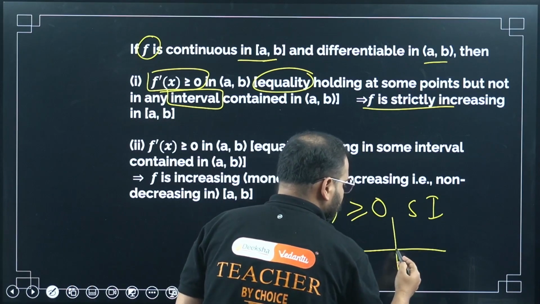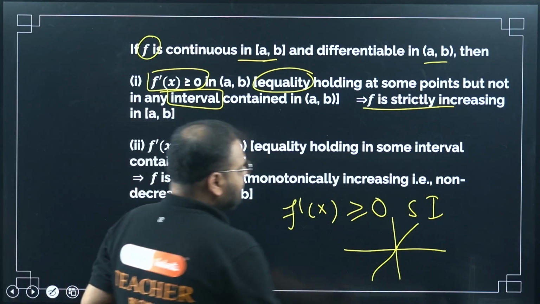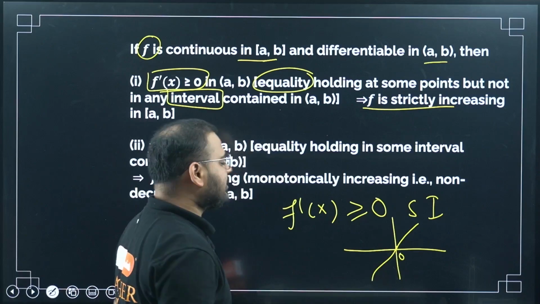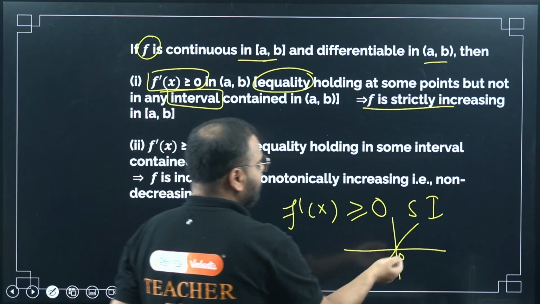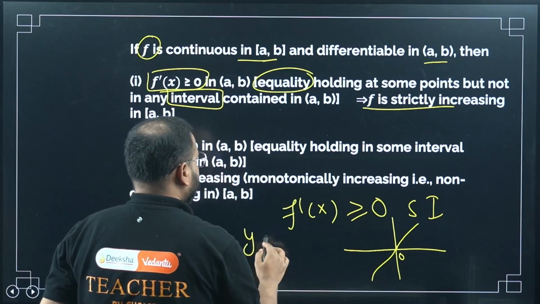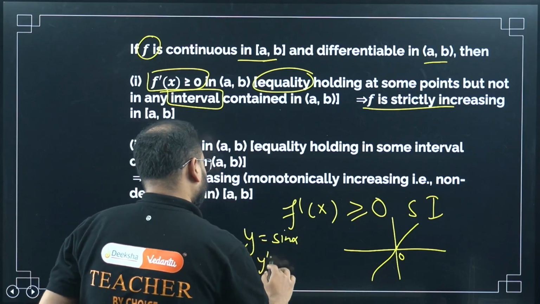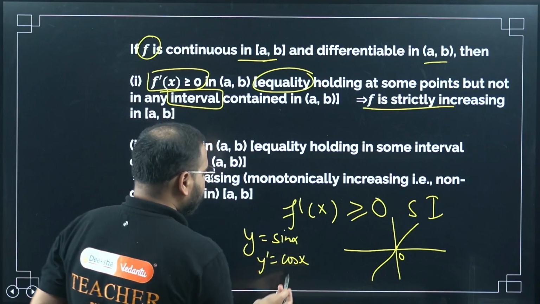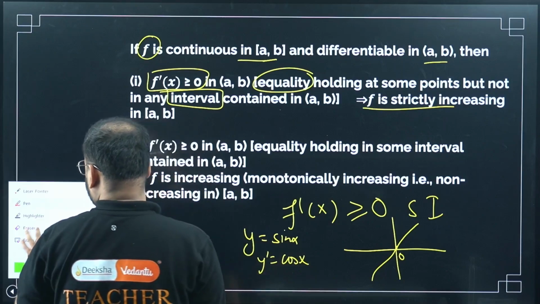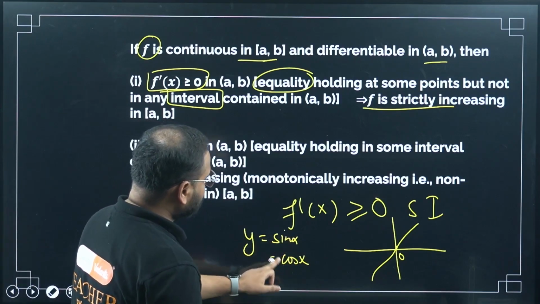Check this function. At x equals 0, whatever the graph, if I put this in, what is the value of y? It will be 0 only. Let's say I take this function to be y equal to sin x. What's the derivative? Cos x. What's the value at 0? If you put sin 0, what is the function value?